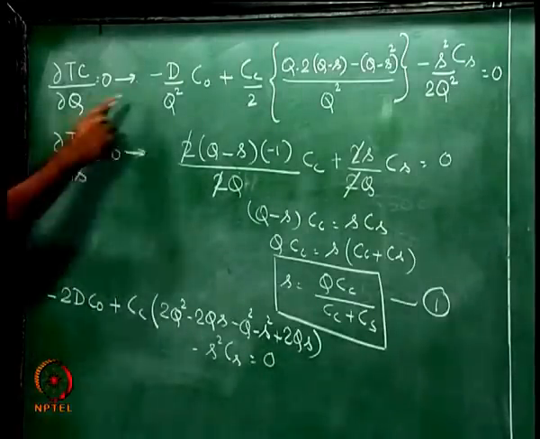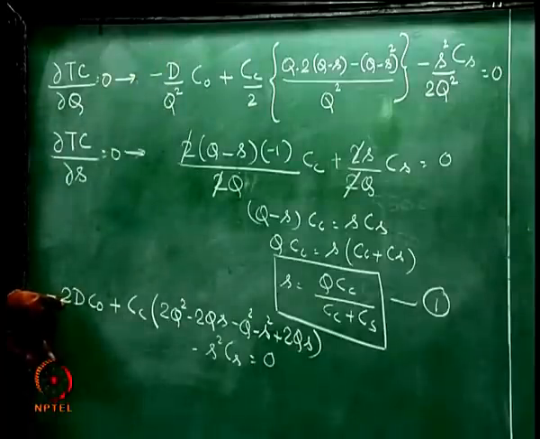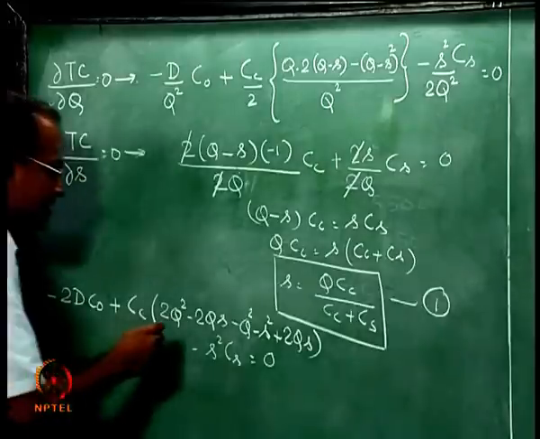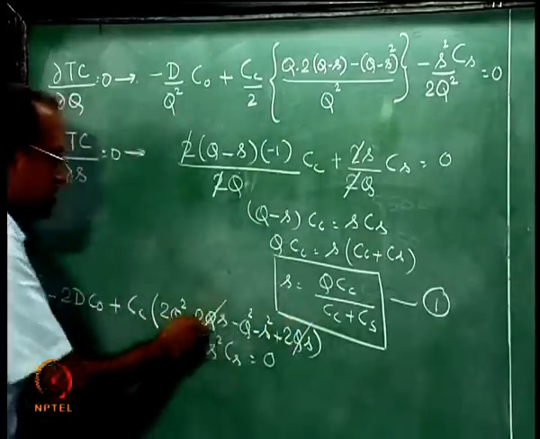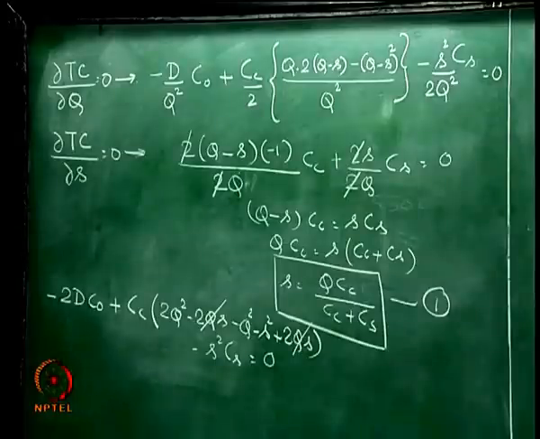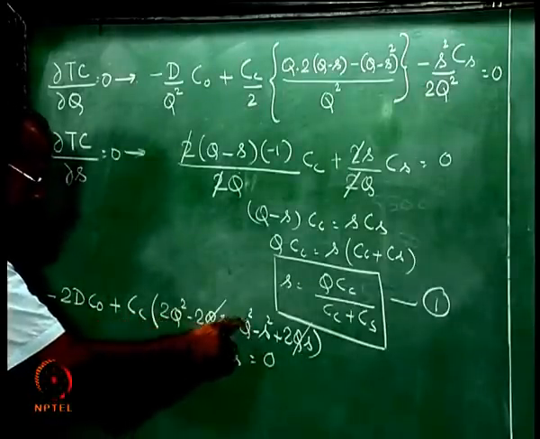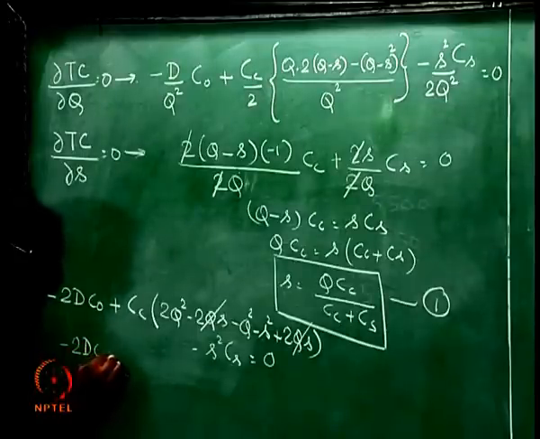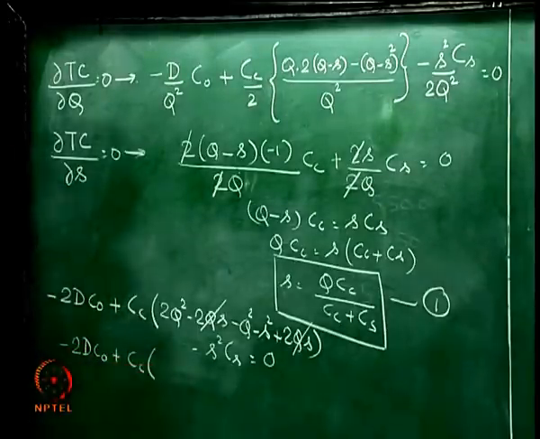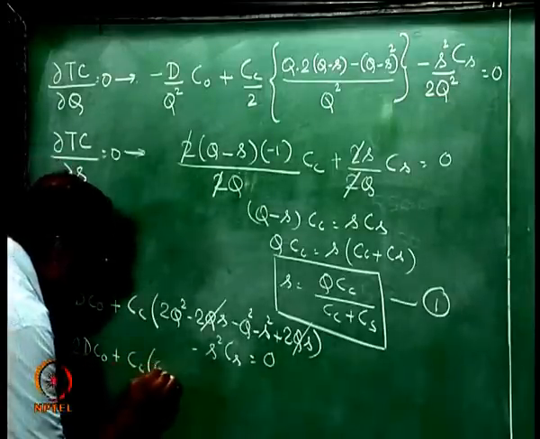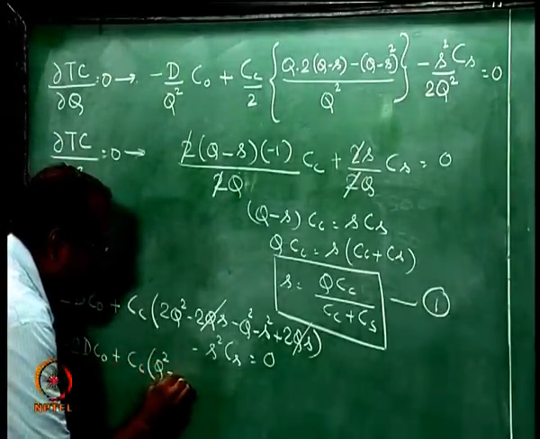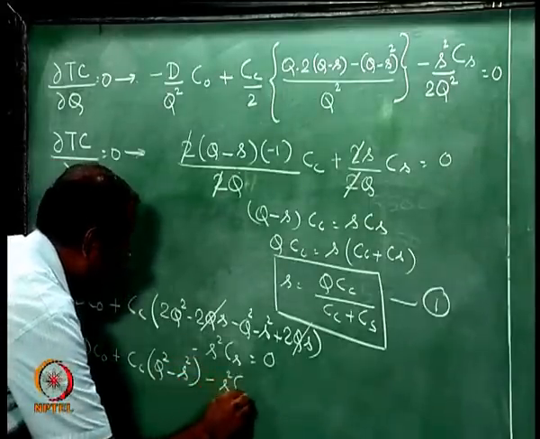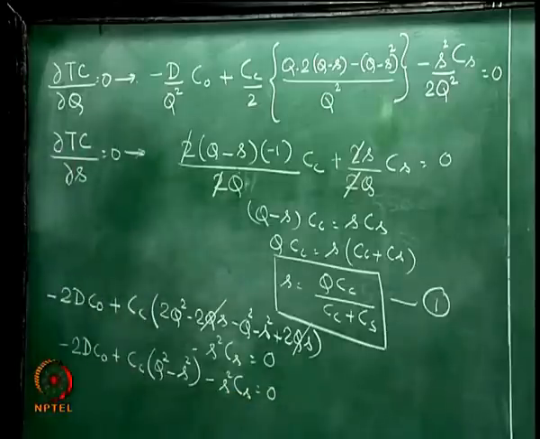I have just multiplied this by 2, so that I have this expression. Now, here I can cancel this plus 2QS and minus 2QS, plus 2Q square minus Q square will give me Q square. So, minus 2D C naught plus CC into Q square minus S square, minus S square CS equal to 0.